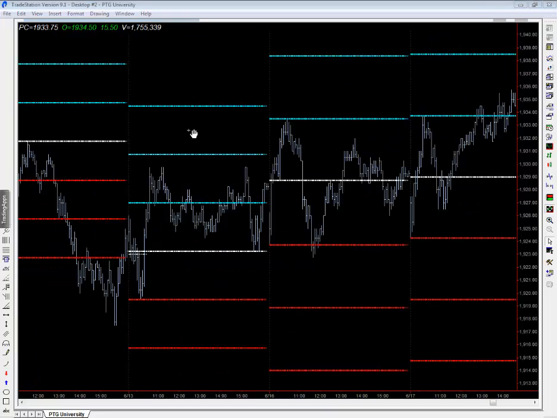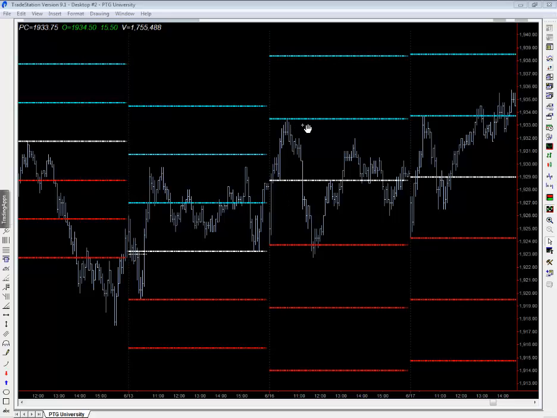On this next chart, I've taken off the opening range indicators that we've just discussed, and I've put on the initial balance indicator. The initial balance indicator is the first 60-minute high-low range, and this is where institutional money managers use it to determine a specific day type.